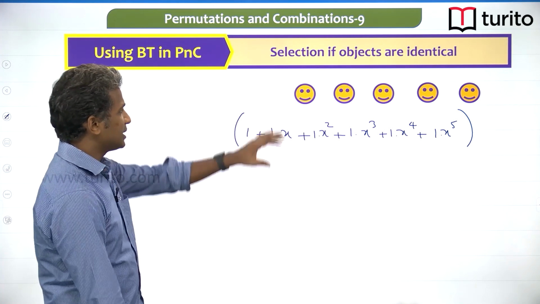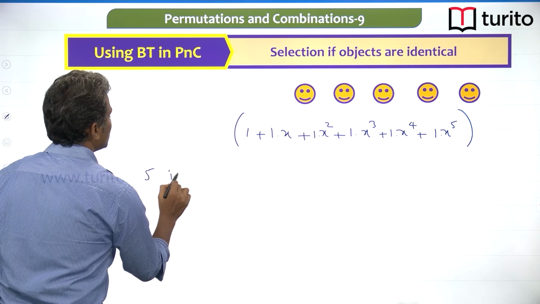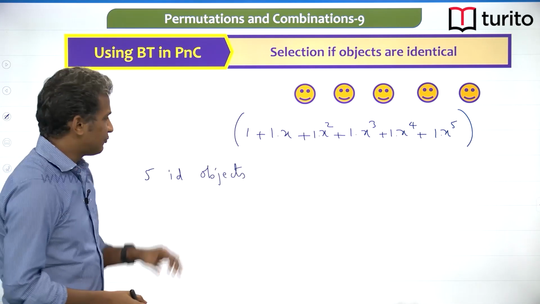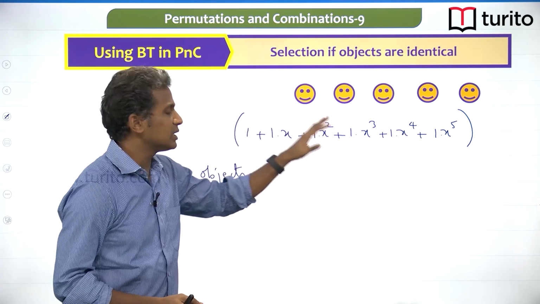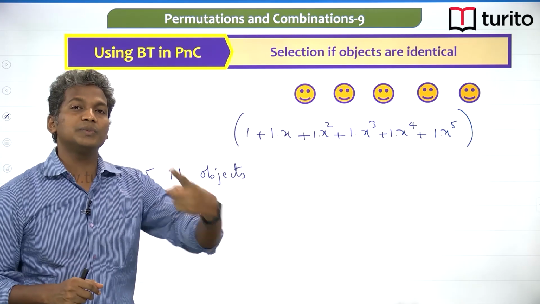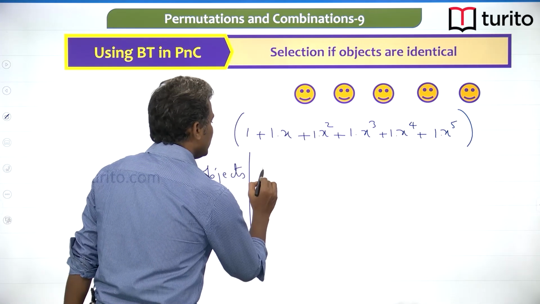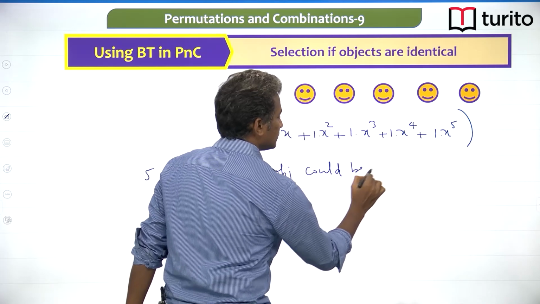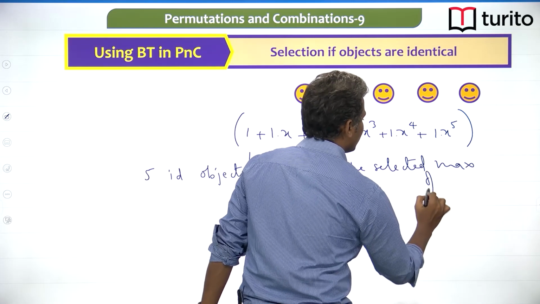So this is for 5 identical objects, and we write the polynomial like this. We only have to understand how to write the polynomial. Now there could also be a case where one object could be selected a maximum of 5 times.